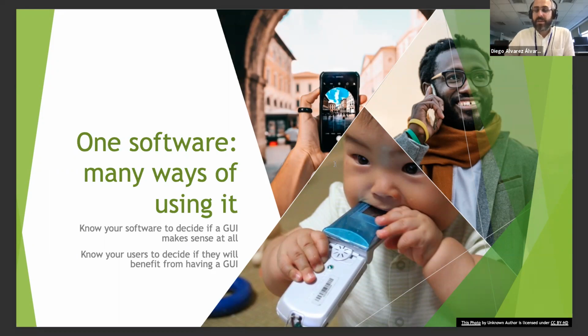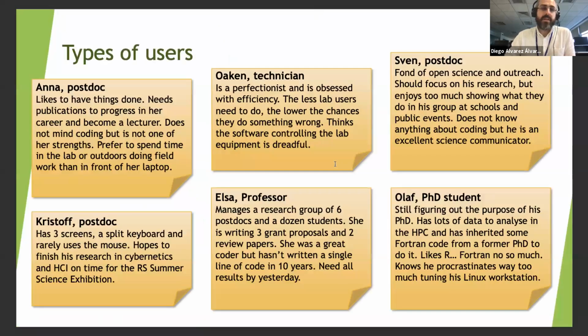The same applies to software. So it's important that you know your users. There are many types of users. Here are a few examples of different academic users. We have a postdoc, Anna, who likes to have things done. We have another postdoc, but this one is more on the HPC side and not so much on the experimental part.